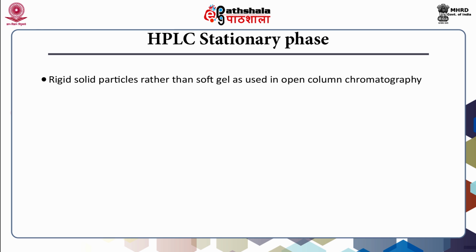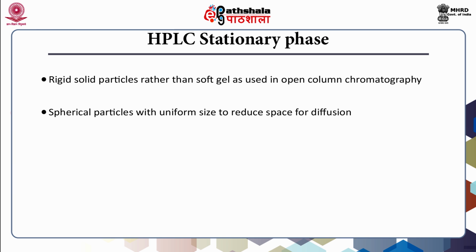And the second important property is that these solid particles should be spherical in shape. That means there should be spherical particles with uniform size to reduce space for diffusion. So, when the particles are small and also spherical, they reduce the space for diffusion.